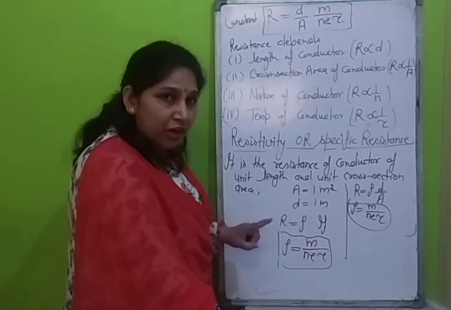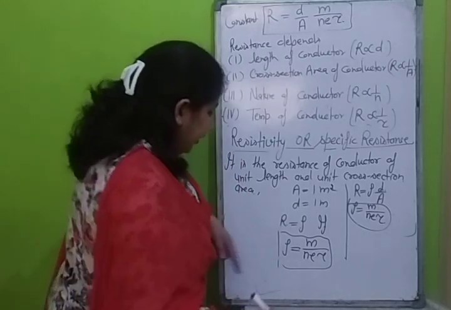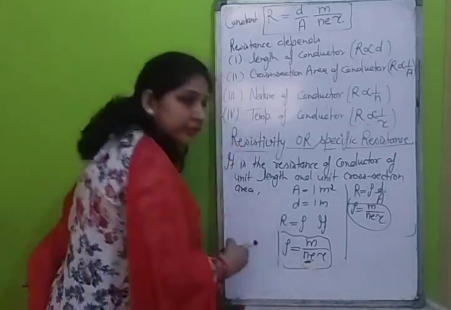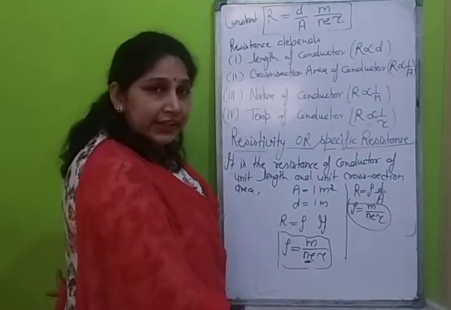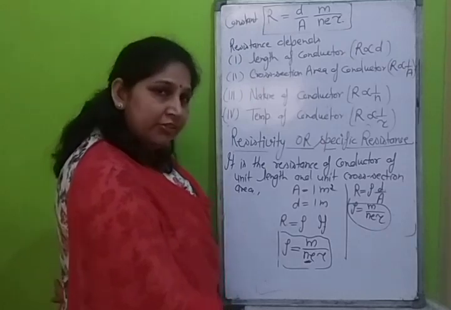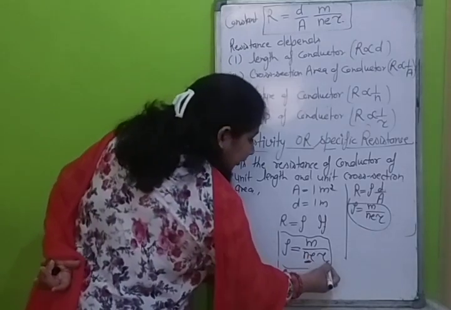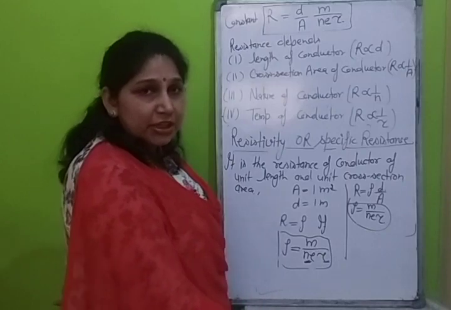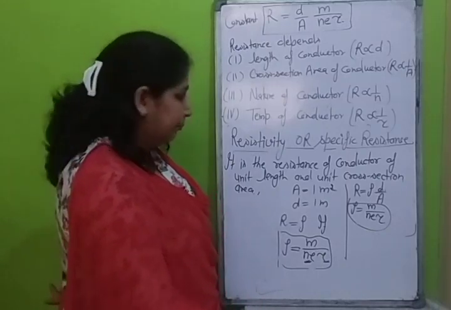Here n gives the information about the nature of the material, and tau gives the information about the temperature of the material.